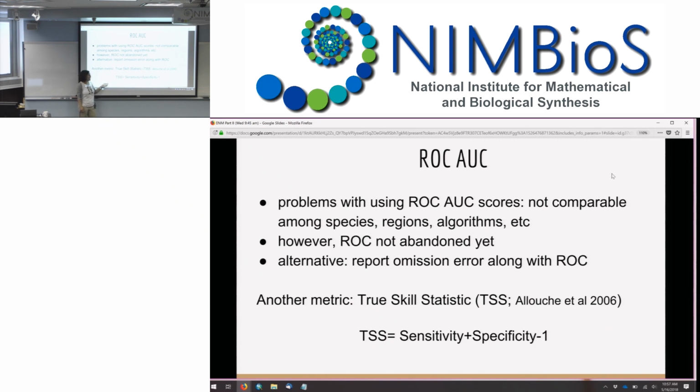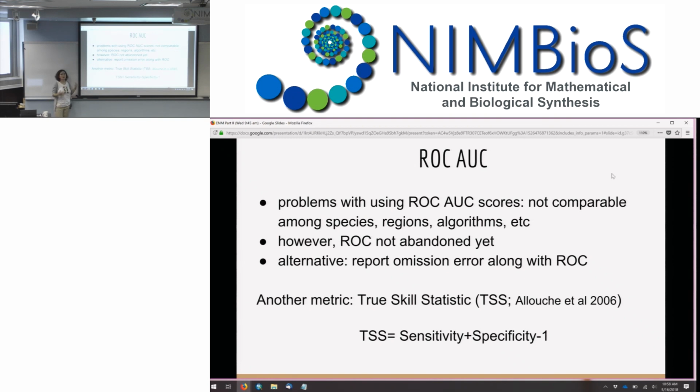So I already have one part of this metric as omission error. What I'm doing with TSS is adding the commission error to my evaluation. I don't have the other part of the metric. And it's a threshold-dependent approach, not a threshold-independent approach.